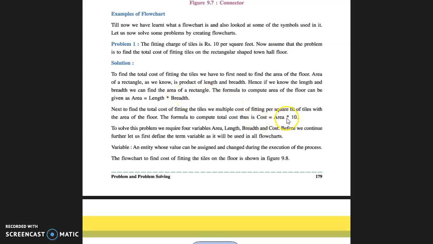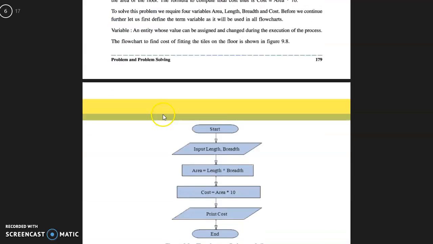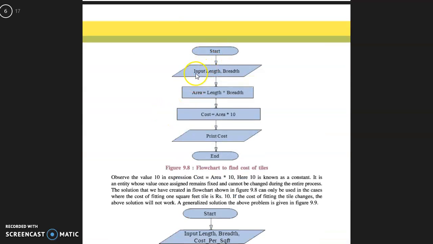Cost equals area into 10. See, start. Input length and breadth. This is the start symbol. This is the input symbol. This is a process symbol, rectangle. This is also a process symbol. Cost equals area into 10. Print cost, end. This is a simple flowchart.